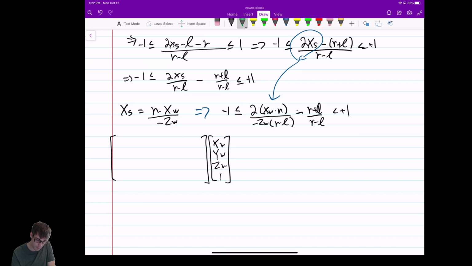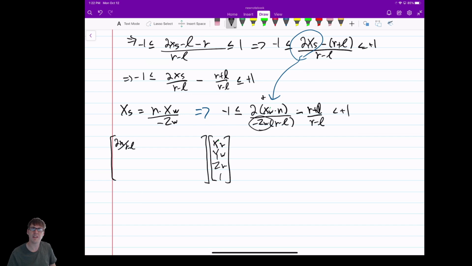But if I want to get this from my matrix form, this is xw, which is here. So I want to multiply xw by 2n over R minus L. I'll multiply that by the x, and I'll get what I have there.